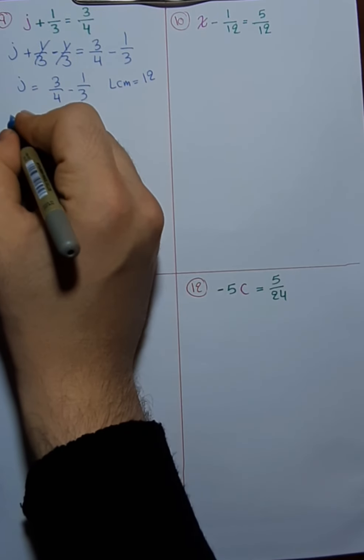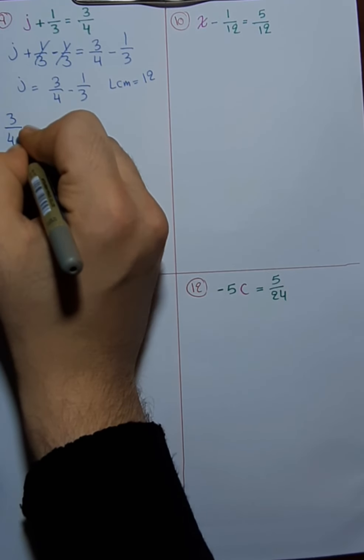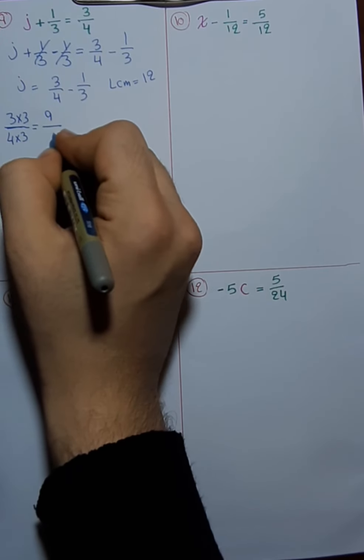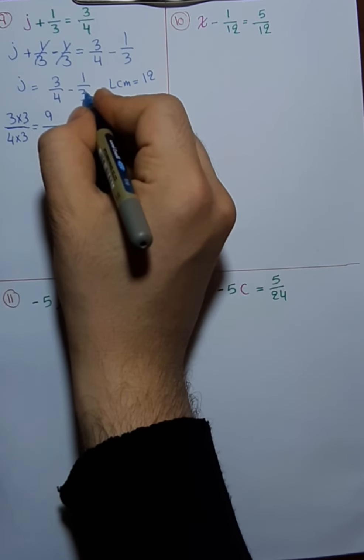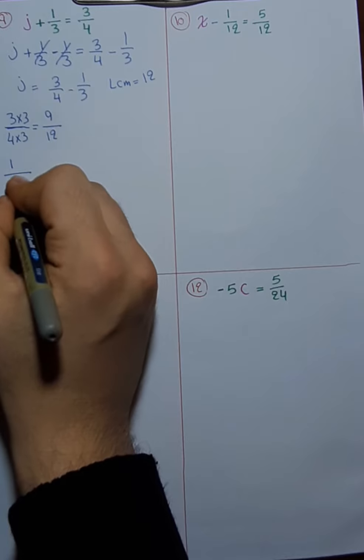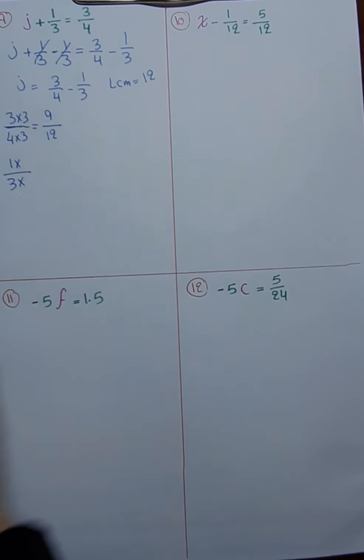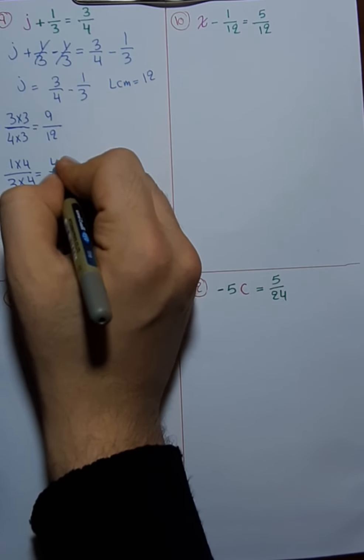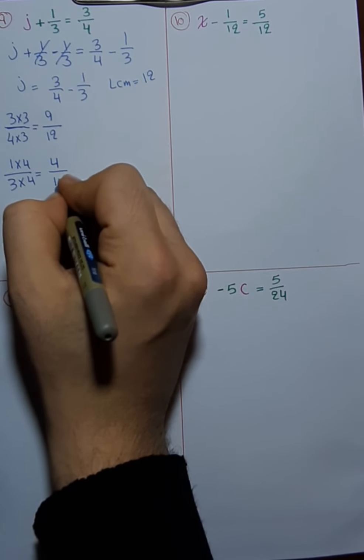So we have to change both fractions. 4 times what number equal to 12? We have to multiply by 3. Both multiply by 3. 3 times 3 equal to 9. 4 times 3 equal to 12. The second fraction is 1 out of 3. 3 times what number equal to 12? 4. So 1 times 4 equal to 4. 3 times 4 equal to 12.